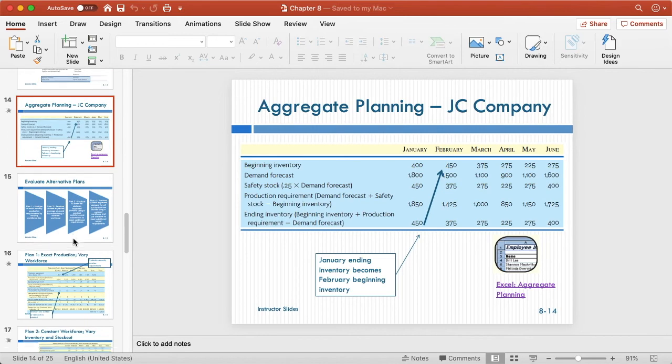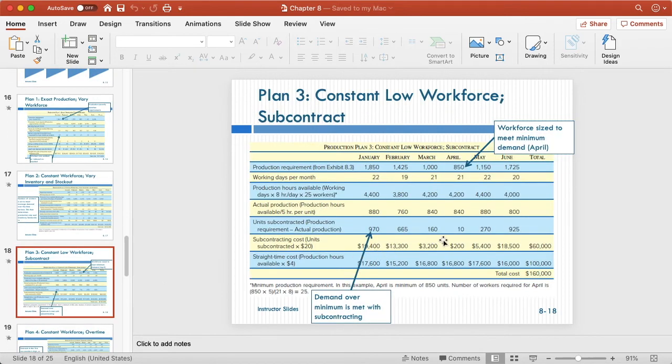That's why we pick April. Why do we choose the lowest one? Because then for every other month, the production amount will definitely be less than the market demand. For the difference, you subcontract with the supplier.